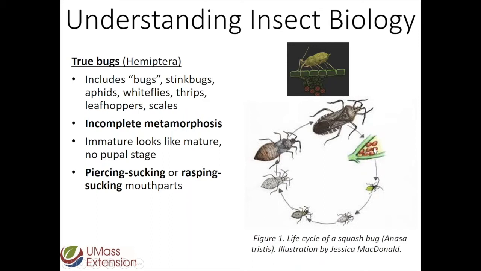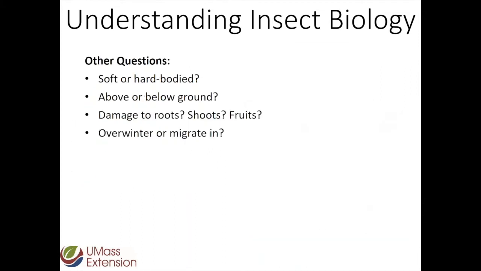So they're quite different from, say, a caterpillar. And these true bugs have piercing, sucking, or rasping, sucking mouth parts. This will come in handy as we're thinking about which material to use.